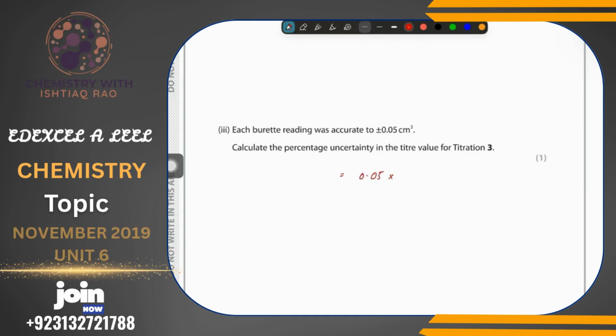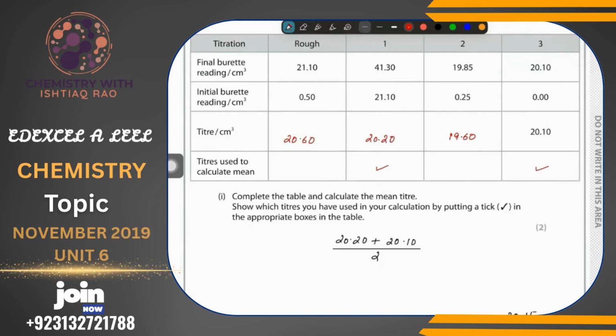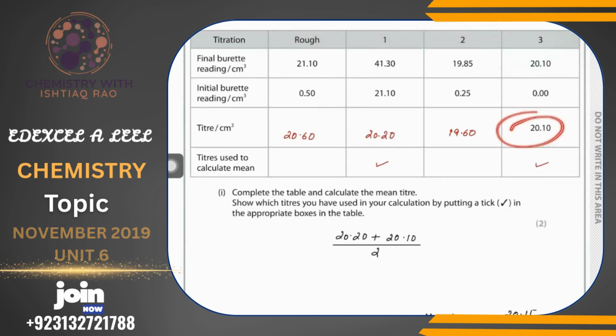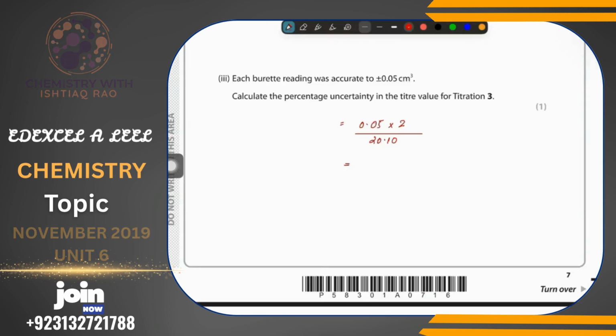It should be multiplied by 2 because this is a burette. We have to take the initial and final readings, and then take the titration 3 value, that is 20.10. So we have to divide this by 20.10 and multiply by 100 also. What's the answer? 0.5%.